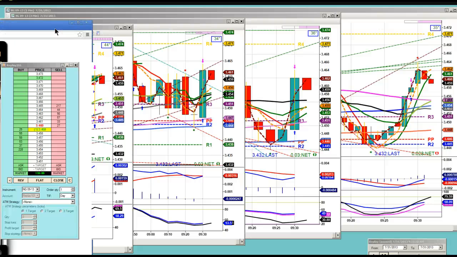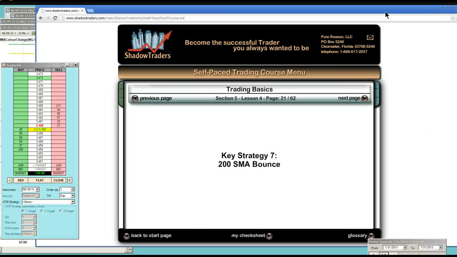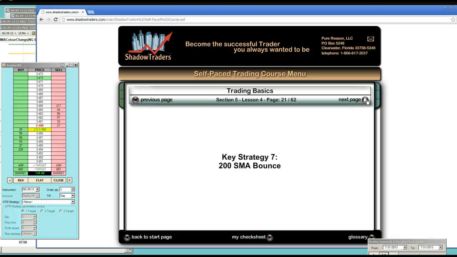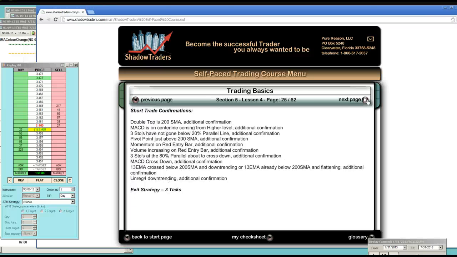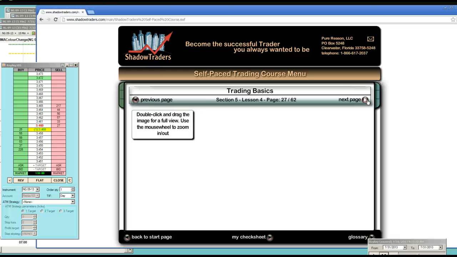Now we're going to do, let me see if it's on here, we're going to do the run to the 200. SMA bounce, bullish and bearish. So let me see. 200 SMA crosses.